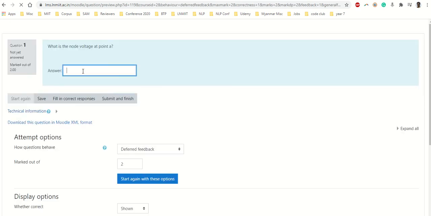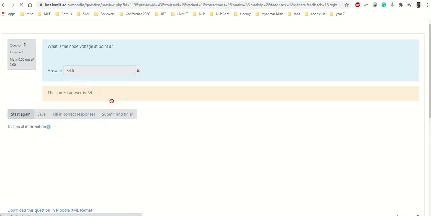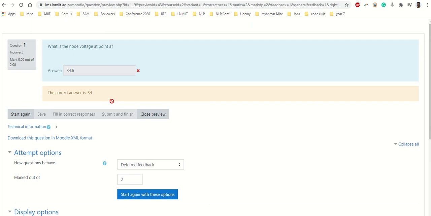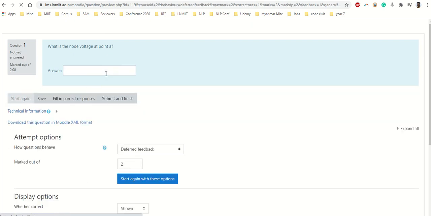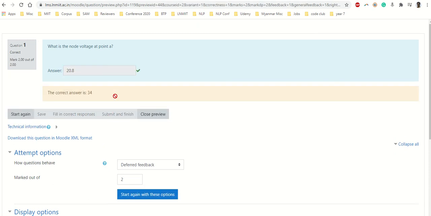I try 34.6 and this is not accepted because my tolerance was only 0.5. My second correct answer was 21, so I try 20.8 and this is also accepted and I am giving full marks.